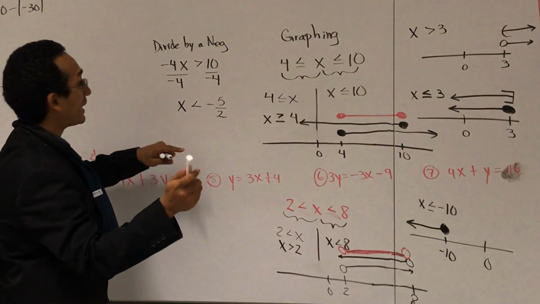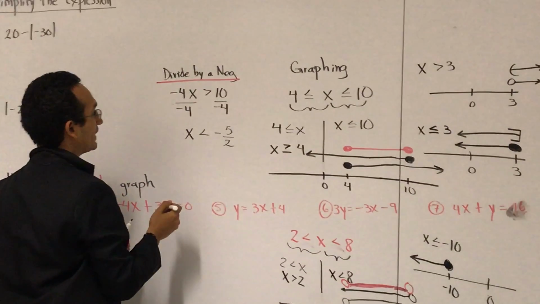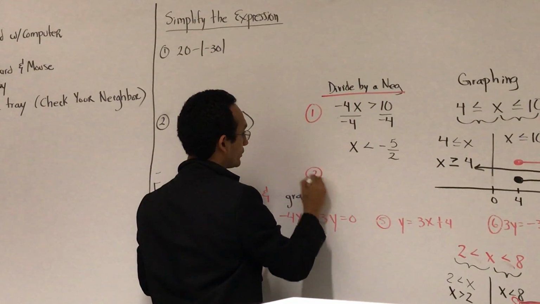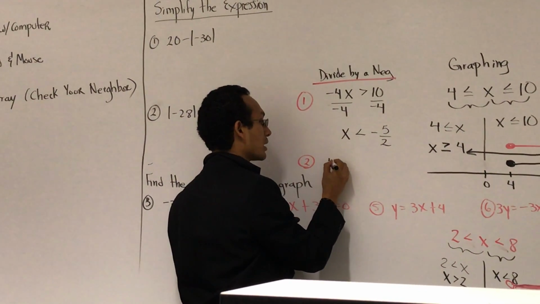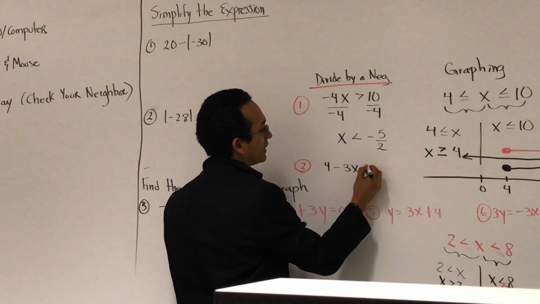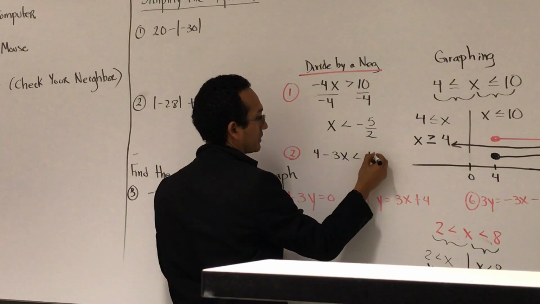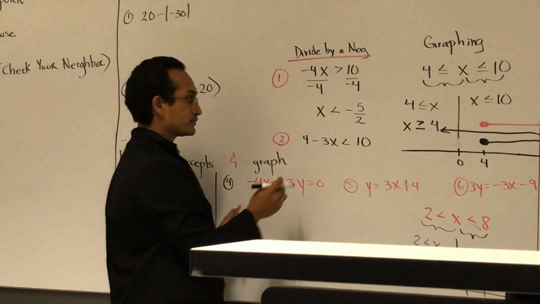Okay, so let's go back to your question of how do you know when you're dividing by a negative, right? So let's pretend that's number 1, and let's do number 2. Number 2, if you were to have something like 4 minus 3x is less than, let's say 6 minus 10, right? Okay, what do you do first?